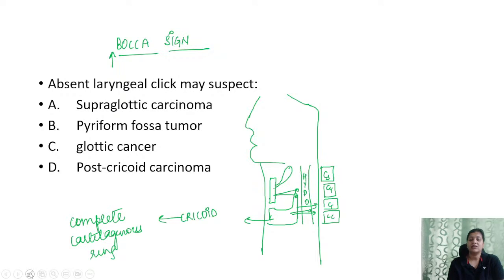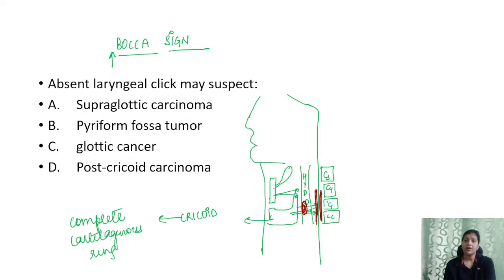But assume there is a carcinoma behind the cricoid cartilage, which we call a post-cricoid carcinoma. Or there is a retropharyngeal abscess, or there is a prevertebral abscess. Now can the cricoid cartilage glide freely over the vertebra? It cannot, and you will not get that crepitus.